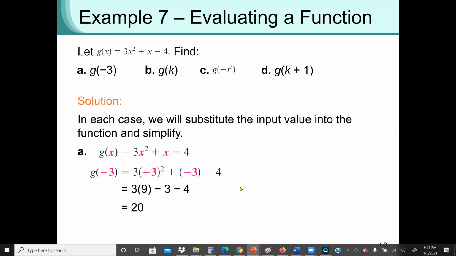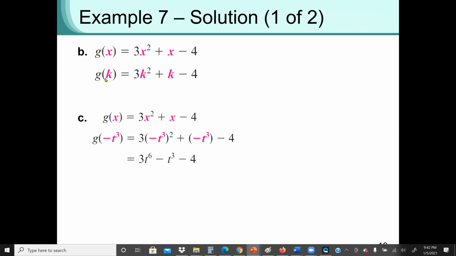We are looking for g of k. Our function is g of x equals 3x squared plus x minus 4. So g of k will give me 3k squared plus k minus 4. And that will be our solution.